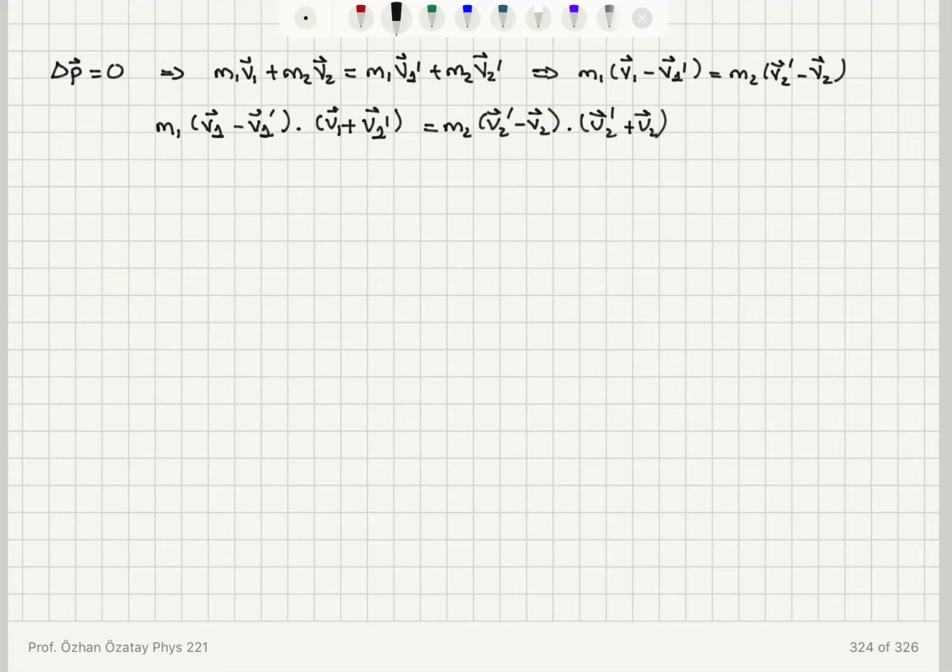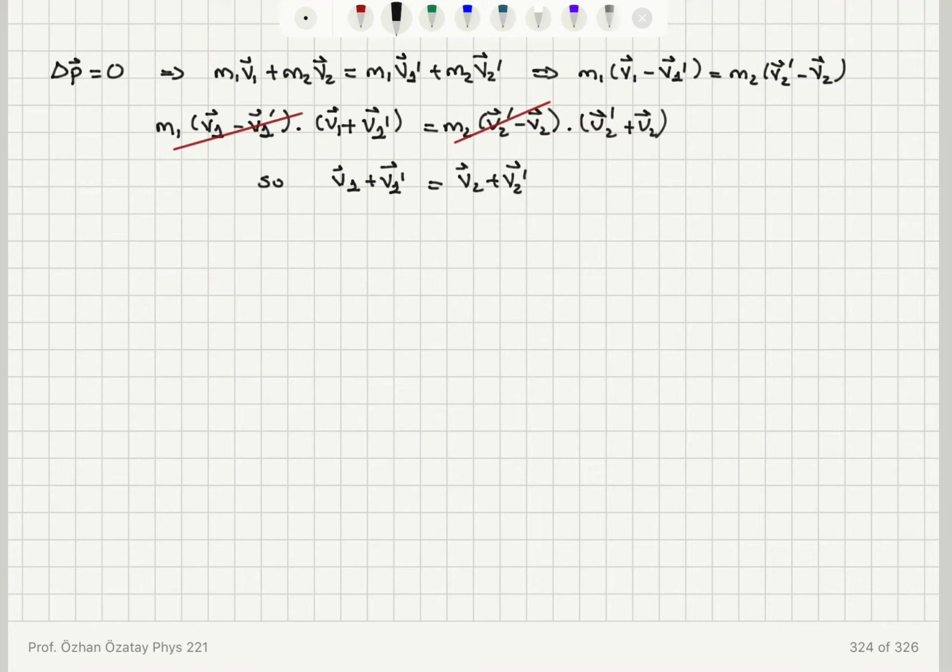But since we have m1 (v1 minus v1 prime) is equal to m2 (v2 prime minus v2), these two will cancel, so that we will have v1 plus v1 prime is equal to v2 plus v2 prime.